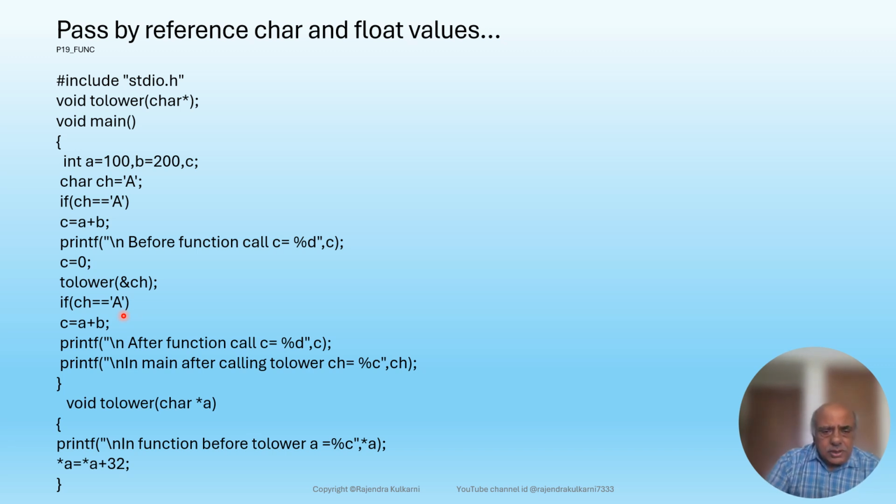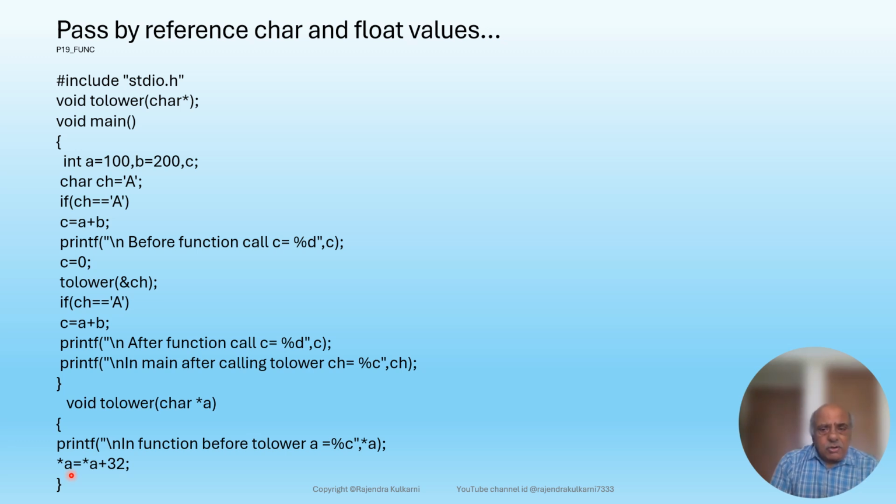In the toLower function, we have passed the address of variable ch in main to a char pointer a belonging to the toLower function, and we are doing *a is equal to *a plus 32.